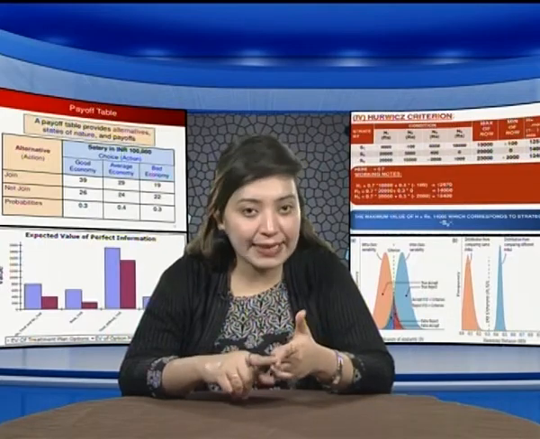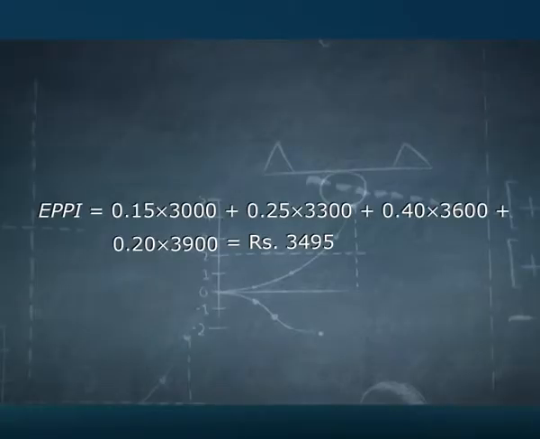In our example, the fruit seller's expected profit with the perfect information is EPPI equals 0.15 times 3000 plus 0.25 times 3300 plus 0.40 times 3600 plus 0.20 times 3900. So this is giving us Rs 3495.